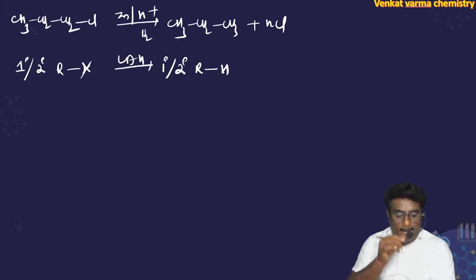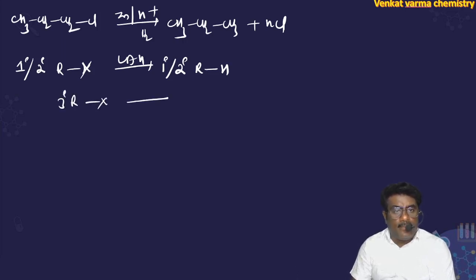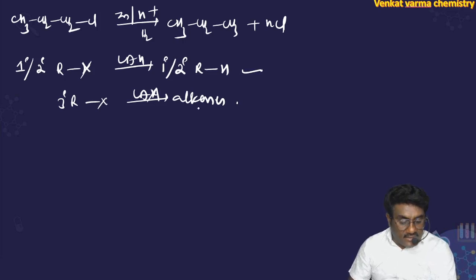Tertiary alkyl halide gives no alkane; with lithium aluminum hydride it gives alkenes. So primary and secondary give alkanes, tertiary gives alkenes.